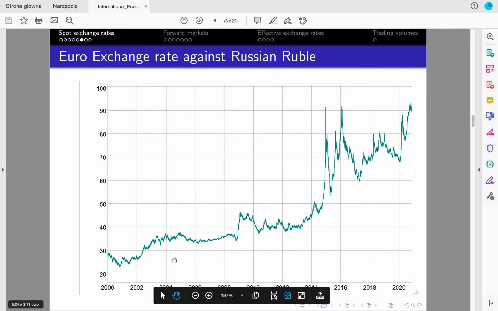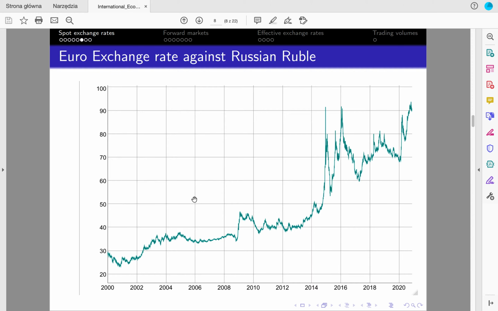Look, over here, there is far more volatility than you would see in the graph of the Polish zloty, and definitely in the graph with United States dollars. Why?